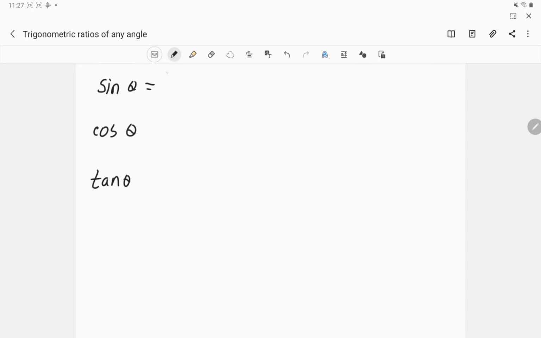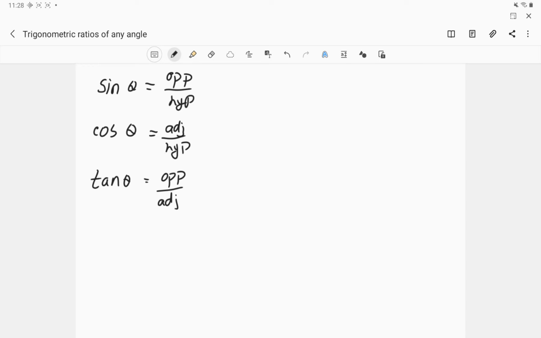Hopefully you remember that sine is opposite over hypotenuse, cosine is adjacent over hypotenuse, and tangent is opposite over adjacent. What you may not know is that there are 3 reciprocal ratios.